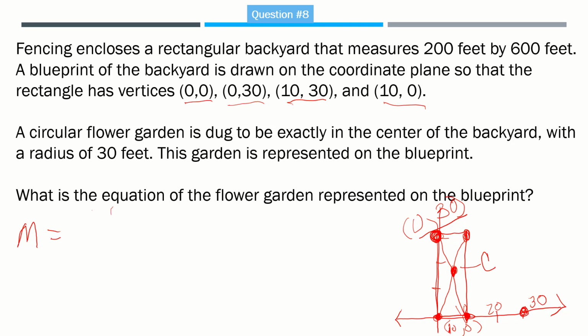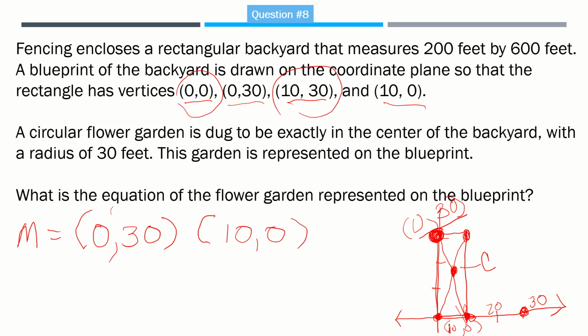Midpoint of these two coordinates. I could have used these other two, as long as I'm getting one of the diagonals.